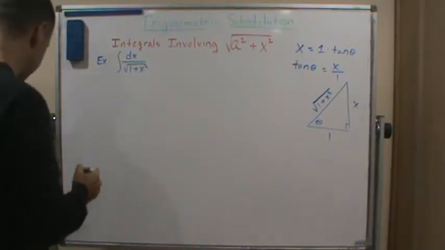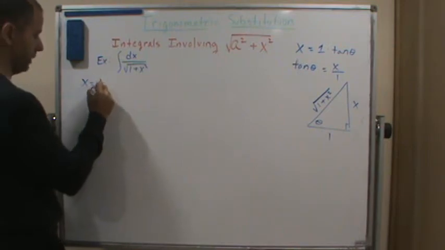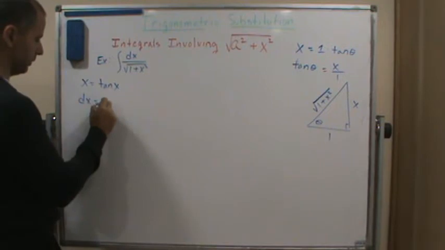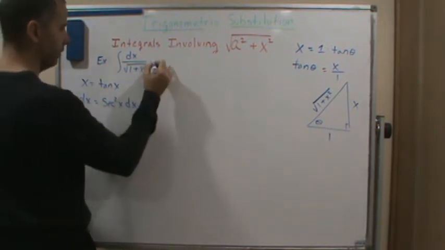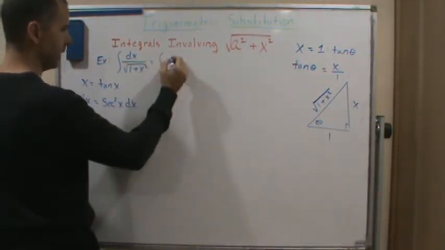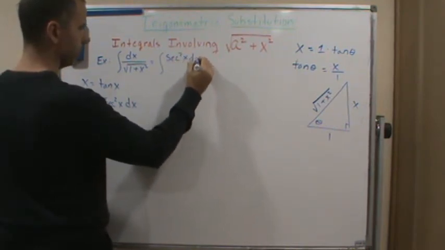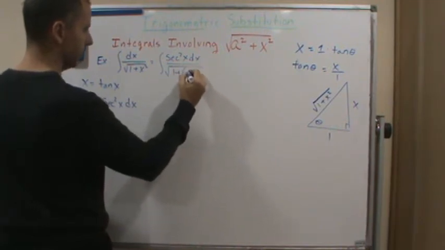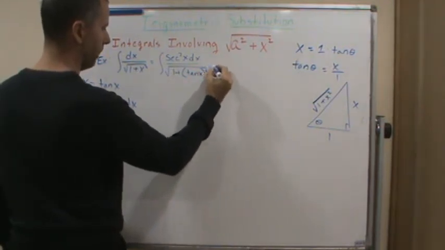Here I'm going to let x equal tangent theta, and then dx equals secant squared theta d theta. Now if I do my substitution, I get secant squared theta d theta on the top, and 1 plus tangent theta quantity squared on the bottom.